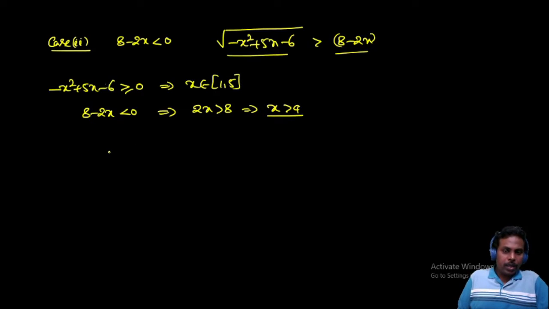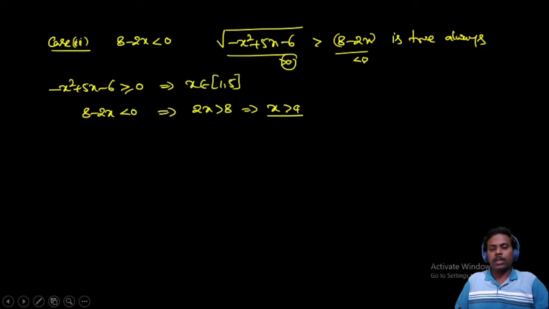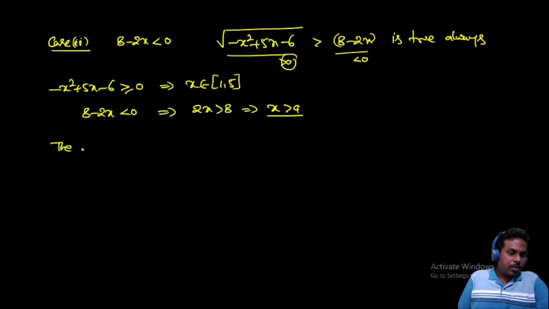And this is true always, because this is a negative quantity and this is a positive quantity, and a positive quantity is always greater than a negative quantity. That's why you cannot even square it, because this particular term is positive and this particular term is negative.